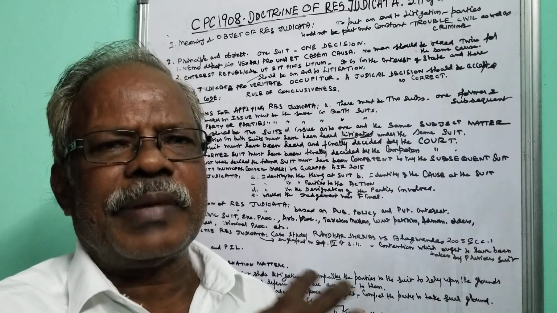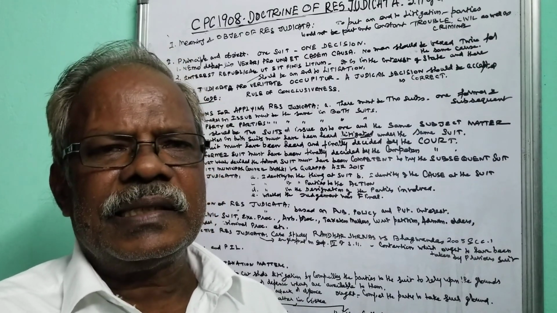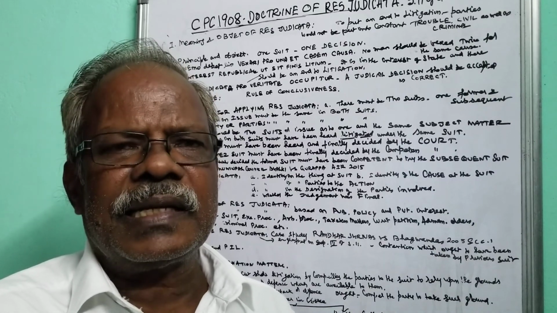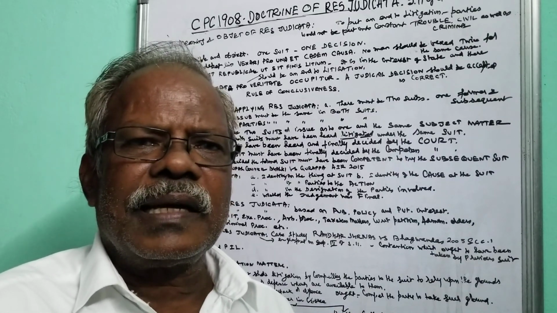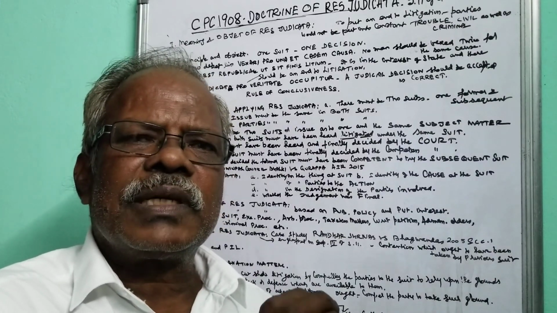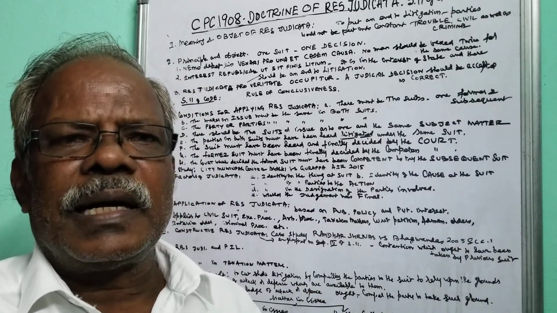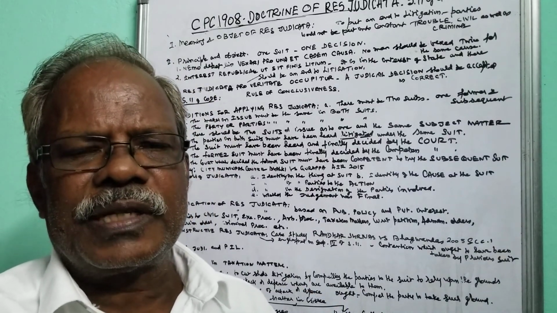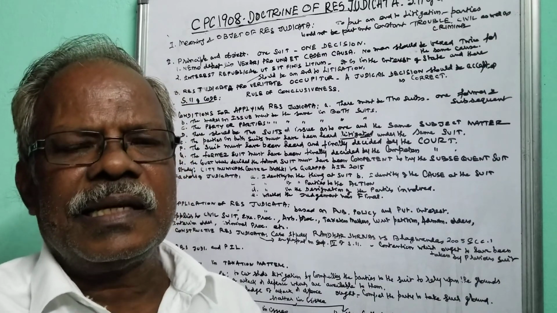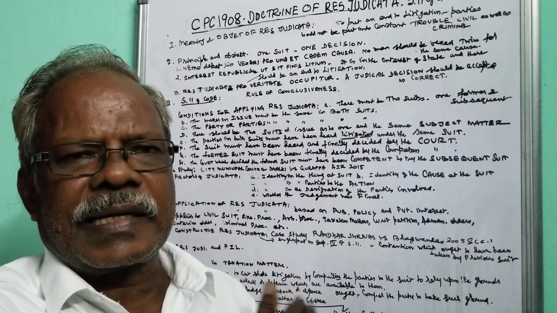Illustration: A sues B for rent. B defends that there is no rent due. So A asserts that B has to give rent and B denies it. This is called the matter in issue directly connected.